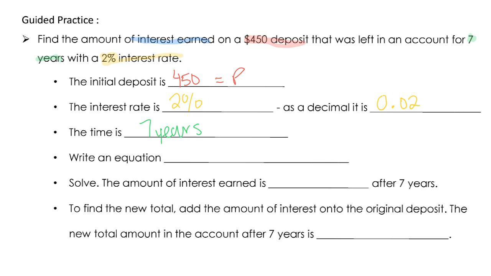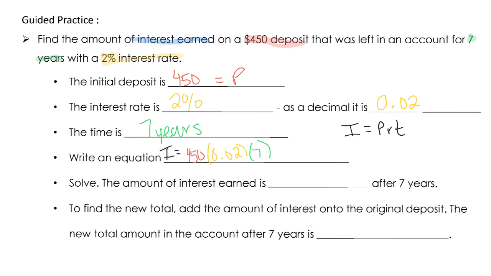So now we have to write an equation. So remember, the equation is I equals PRT. So we're trying to find the interest earned. We have the principal of $450 times the rate of 0.02 times the time of 7 years.